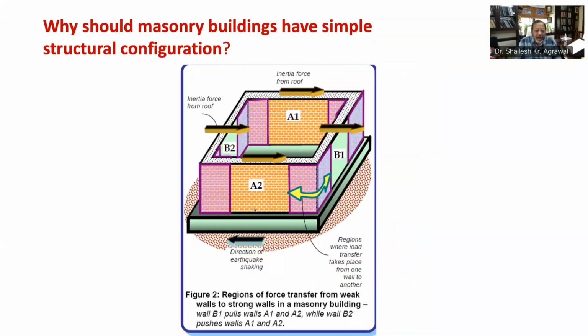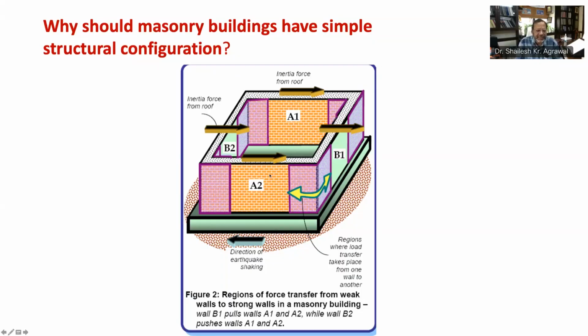During earthquake shaking, earthquake forces act in the strong direction of some walls and in the weak direction of others. Walls shaken in the weak direction seek support from the outer walls as shown in this figure. Walls B1 and B2 seek support from walls A1 and A2. Let me explain this further. Wall B1 pulls walls A1 and A2, while wall B2 pushes against them.